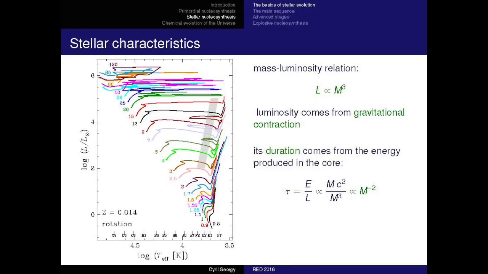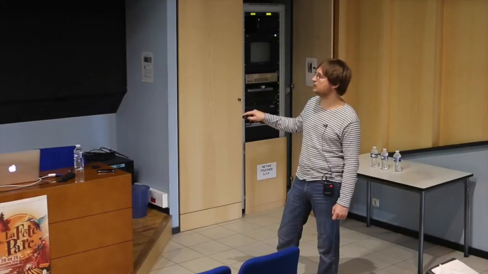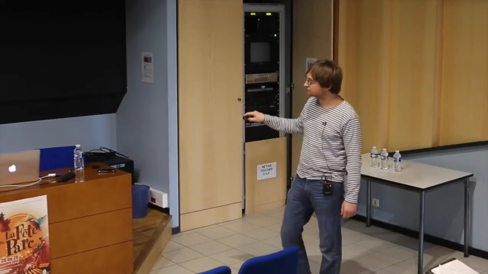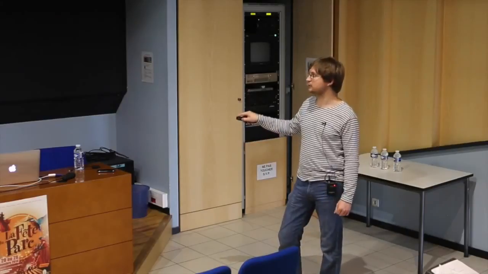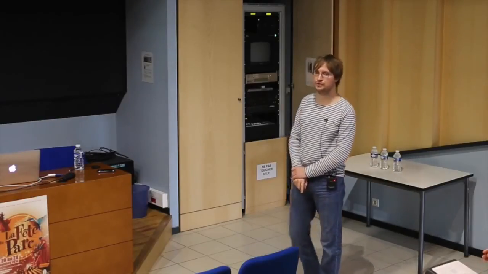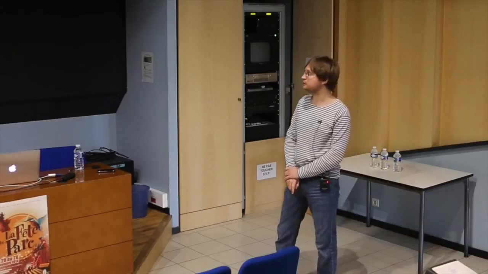After this, once the hydrogen reaction stops in the center of the sun, it will go to redder, so cooler temperature. It will become red and becomes what we call a red giant. It will expand a lot. It's not exactly clear what will be the biggest radius of the sun, but it can easily go to 100 solar radii, for example.